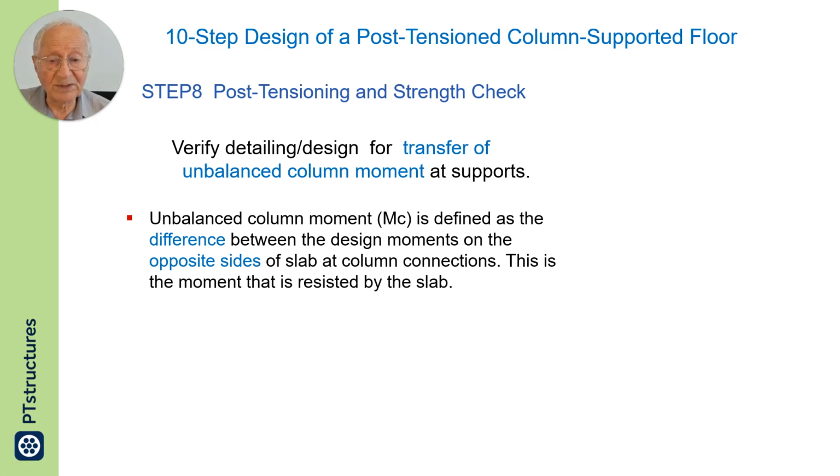This is the moment that is resisted by the slab. If at a point you have a column connection to the slab and the connection is such that moment is transferred between the slab and column, the amount of moment that is transferred is defined as unbalanced moment.